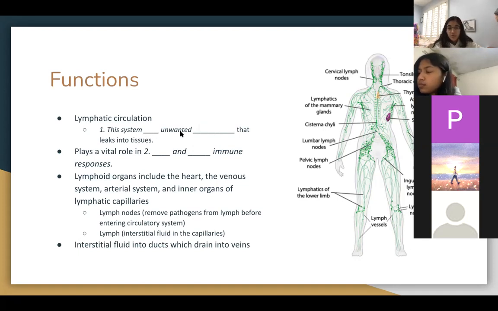It drains unwanted lymph fluid. A very wide variety of answers, but the basics you need to know is it removes unwanted fluid from your body and drains it into veins, which drains it out of your body. So it also plays a vital role in blank and blank immune responses. You can answer that in the chat as well.